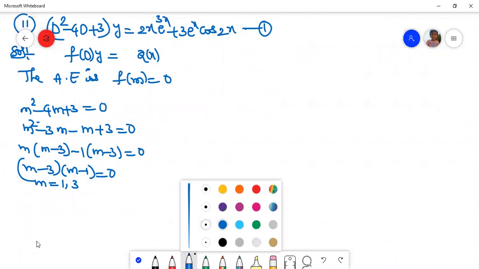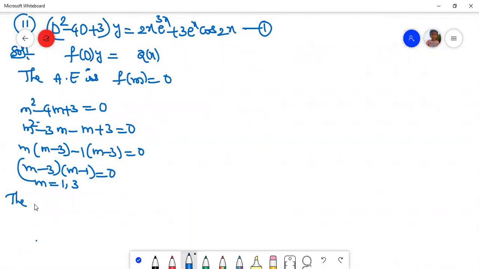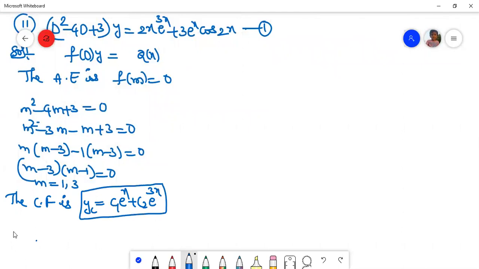So here the complementary function is yc is equal to c1 e power x plus c2 e power 3x. Next, to find the particular integral, yp equal to 1 by f of D into q of x.